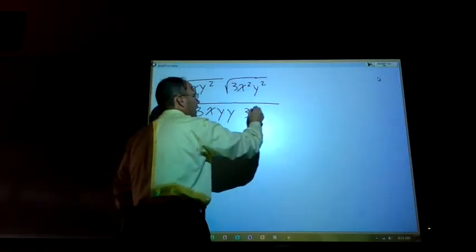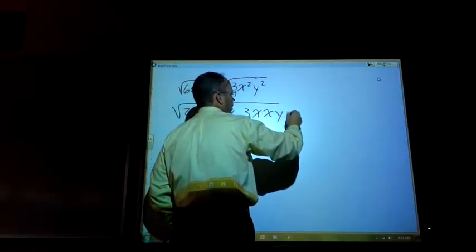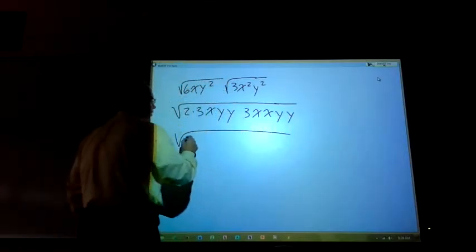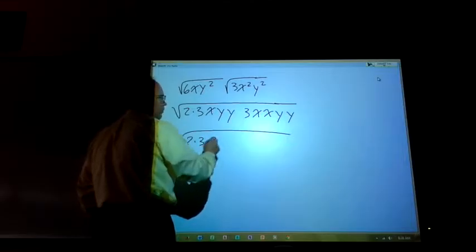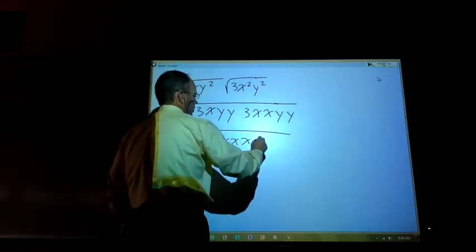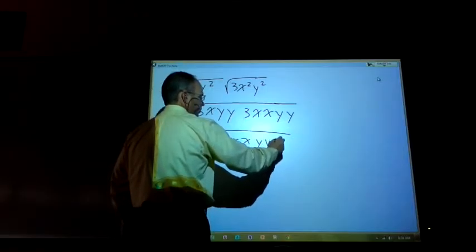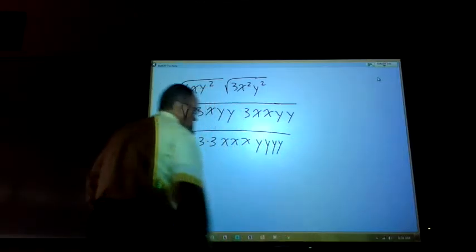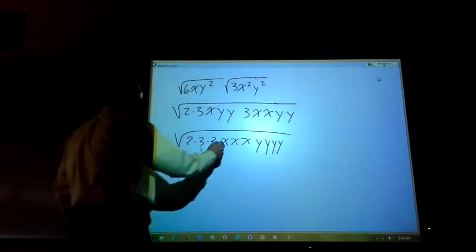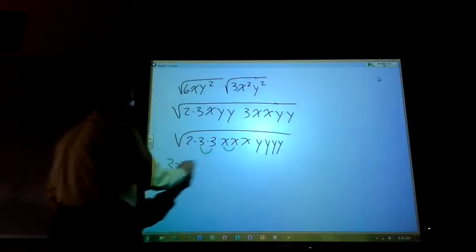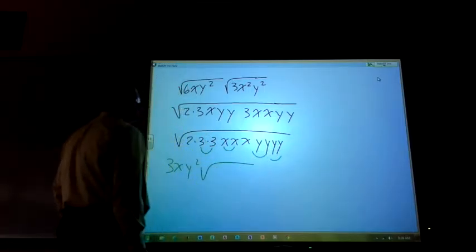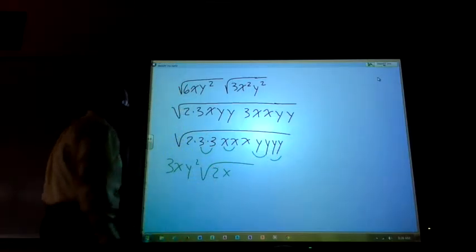Then I have 3x, x, y, y. Let's put everything in numbers and letters together. Cool. What's outside numerically? What's left inside? Done.